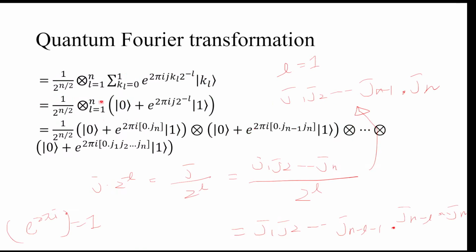Sum over k_l from 0 to 1. For k_l equal to 0, you get the state 0, and the phase e to the 0 is just 1. For k_l equal to 1, you have the state 1 with e to the 2 pi j times 2 to the minus l.